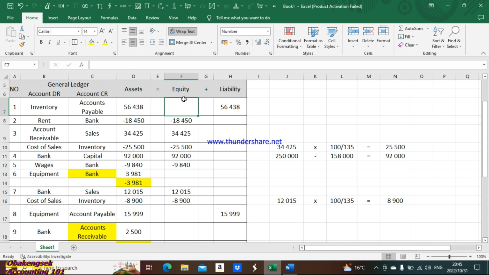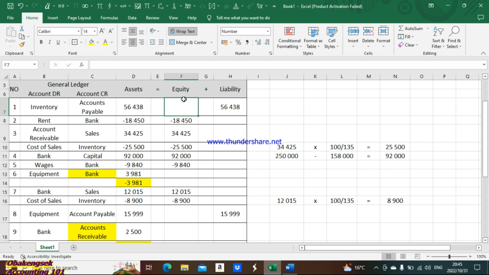Equity is your capital, which is debit is a negative, credit is a positive. And then it has income and expenses. So anything categorized under income on the debit side, it decreases. On the credit side, it increases. But anything declared as an expense on the debit side, it increases. On the credit side, it decreases. So an expense is similar to an asset.